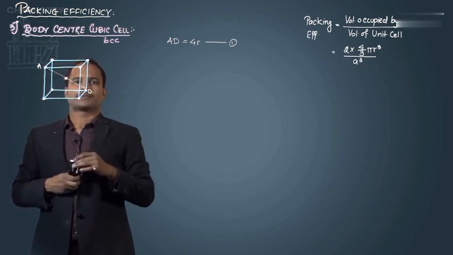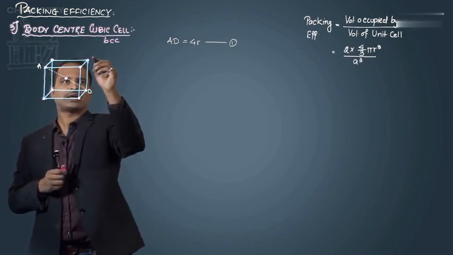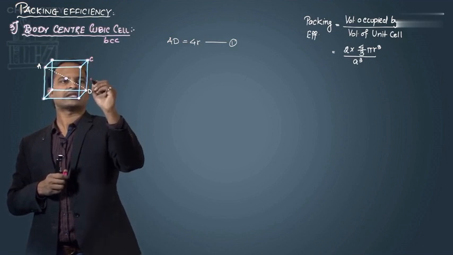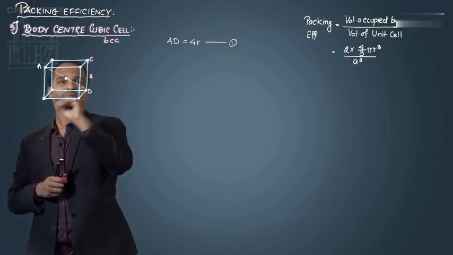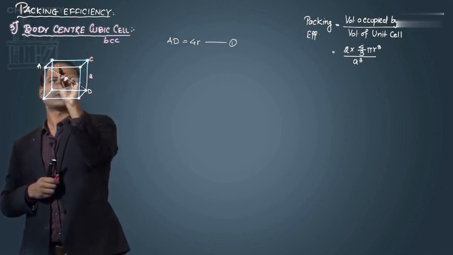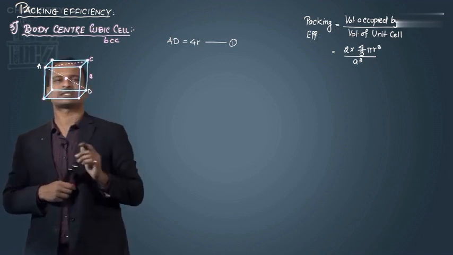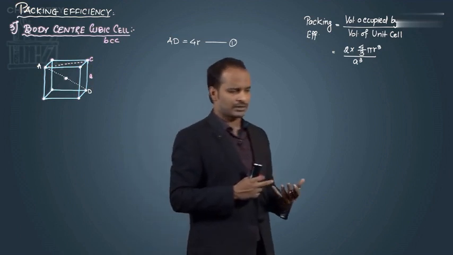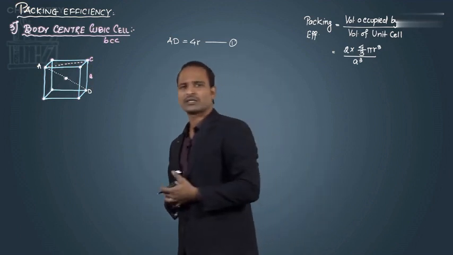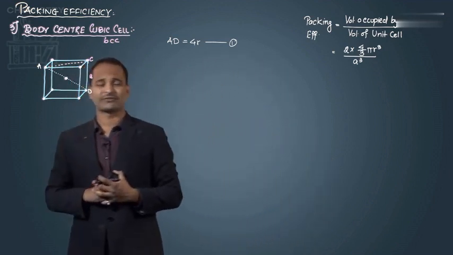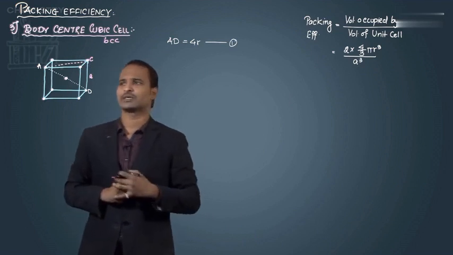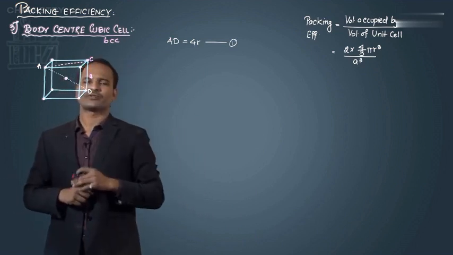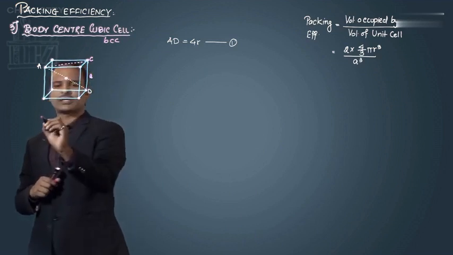Okay, now here I have this DC length is a, then I'm just drawing this AC also. AC is how much? In the last derivation, while determining the packing efficiency for the face centered cubic cell, we got AC, and AC was nothing but root 2 a.